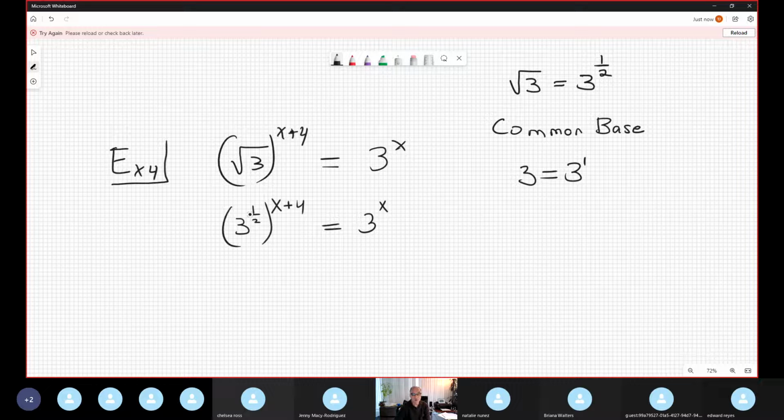This is very common in this problem, because you have different levels of exponent. And you know the rule of the exponent, you multiply the exponents. So 3 to the 1/2 times x plus 4. Don't forget the parenthesis, because 1/2 multiplies everything in the expression, since it's a binomial, equals 3 to the x.